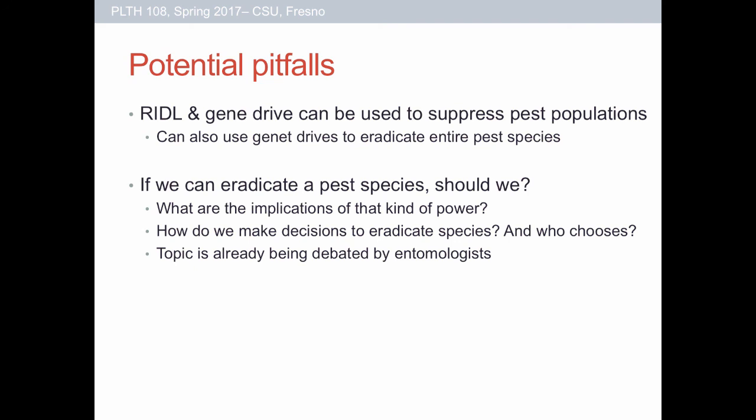So maybe something like wiping out some of the invasive malaria mosquitoes or taking out the Asian tiger mosquito in the United States, which transmits West Nile virus, with the idea that it doesn't belong here in the first place. It's not an important part of a whole lot of ecosystems. You know, it transmits diseases. Maybe we could get rid of it.